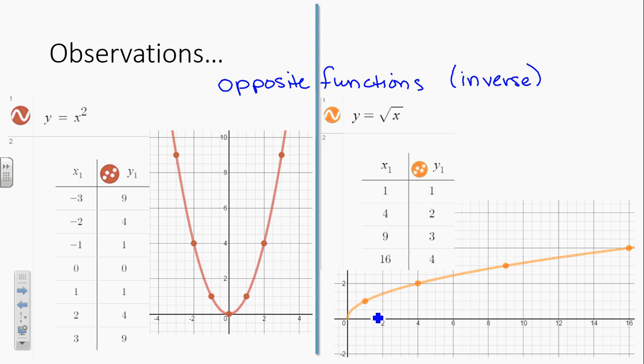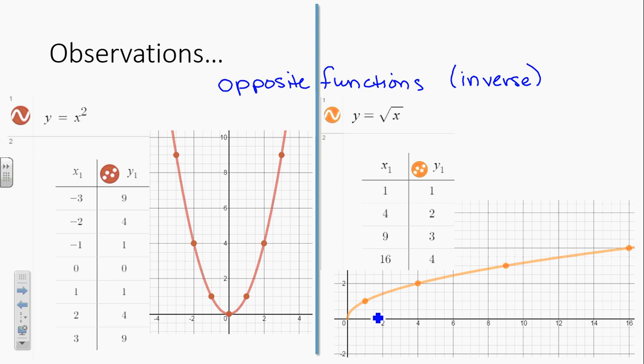Then I asked you to pick some nice numbers for this function, square root of x. So what are nice numbers that we might want to try? 1, because we know the square root of 1. What's another nice number? 4. Square root of 4 is 2.